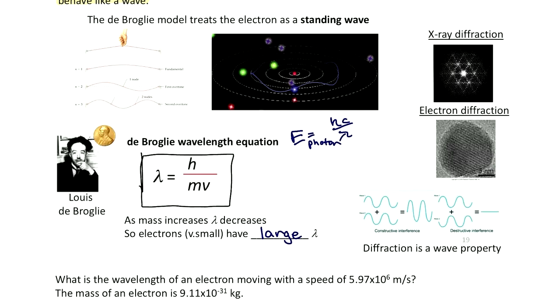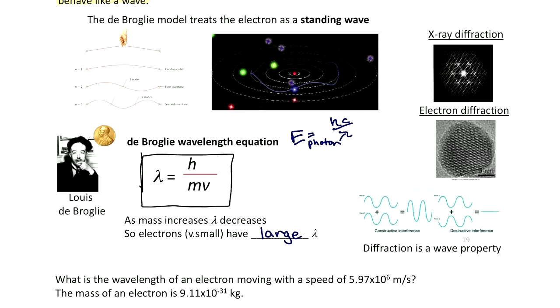So here's an example where lambda is used in two different equations, but these are completely different. This equation is talking about the energy of a photon. A photon does not have mass. This equation is talking about the wavelength of an object, okay, which, again, it was crazy for de Broglie to even say, but he ended up being right.